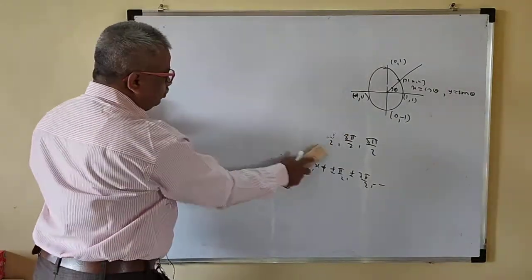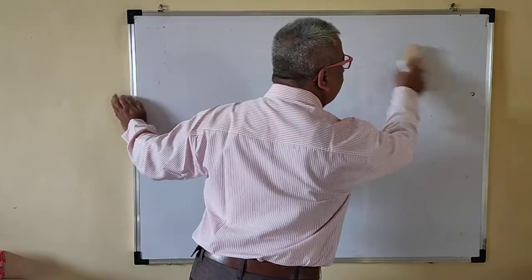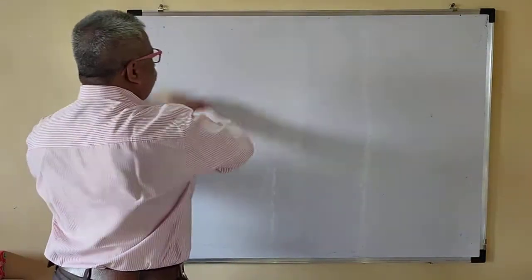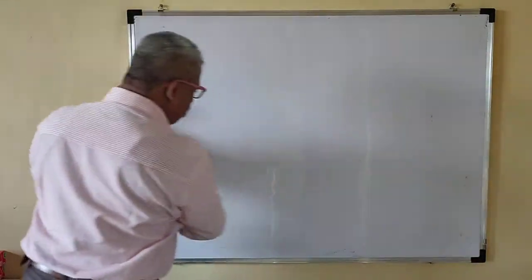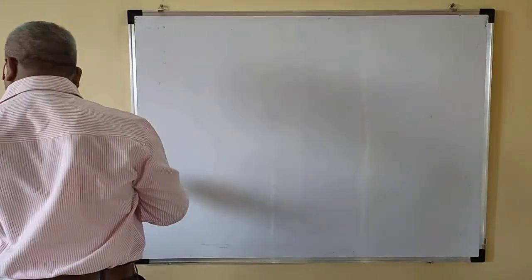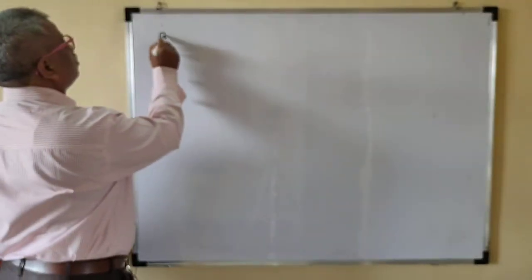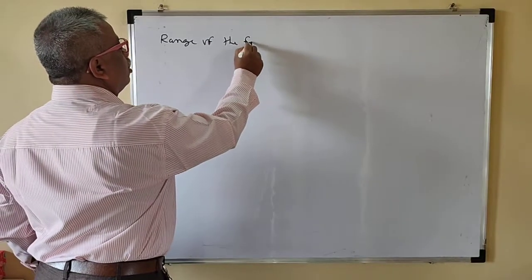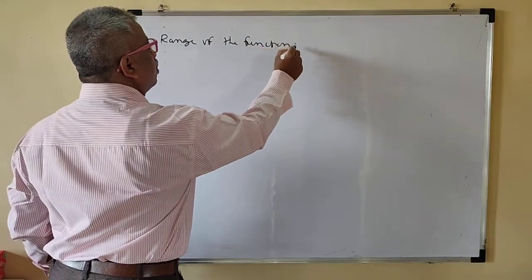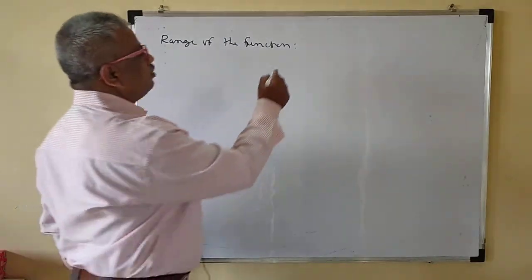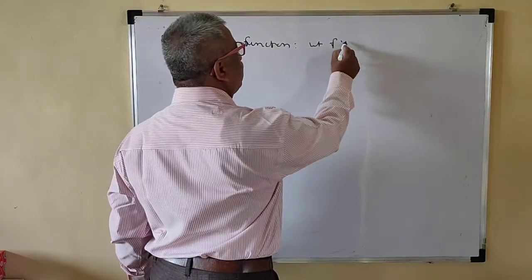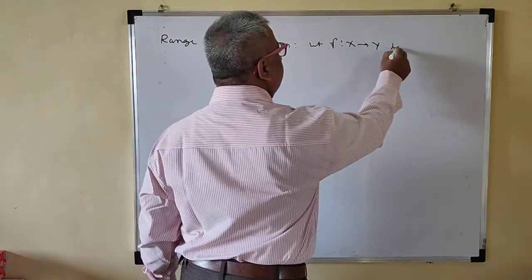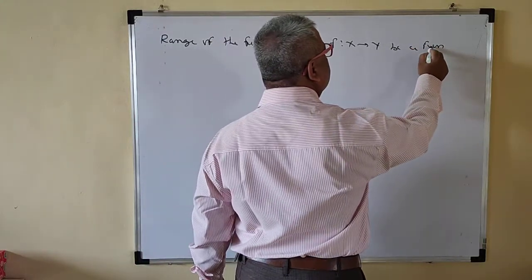Okay. So now we have also defined what is meant by domain and codomain. Then what is the range of the function? Range of the function. Okay. So let f from X to Y be a function.